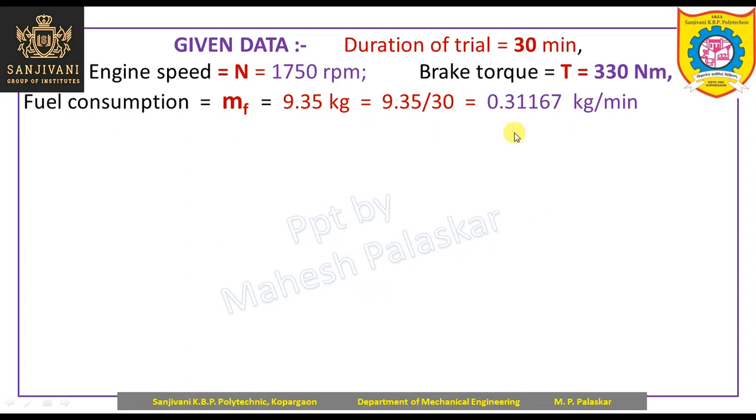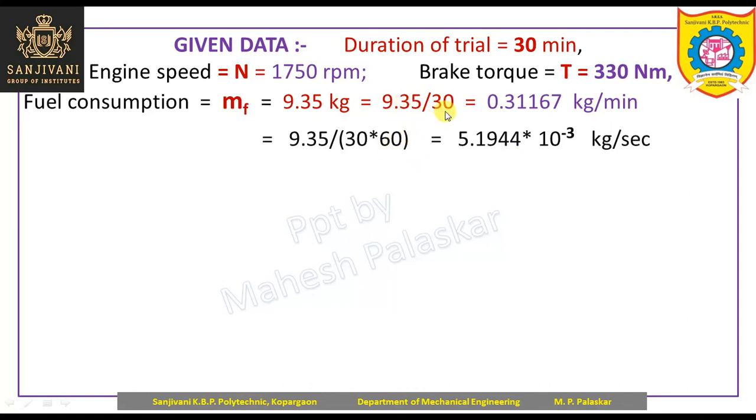So if you want to find the fuel consumed per minute in kg per minute, you divide this 9.35 by 30 and you will get 0.31167 kg per minute. And if you want to find the fuel consumed in kg per second, you further divide by 60.